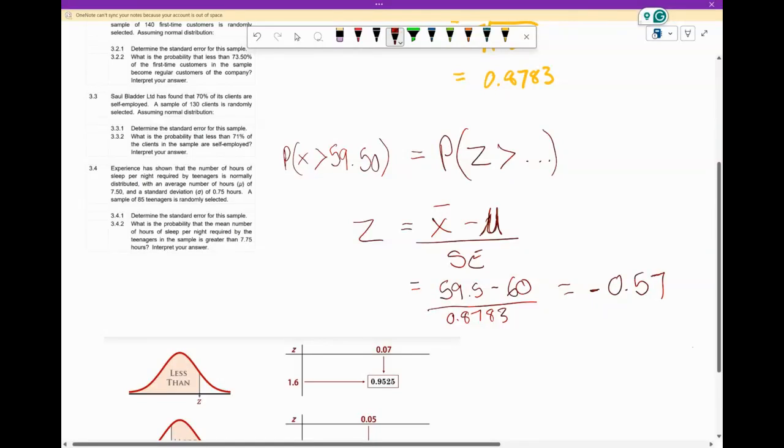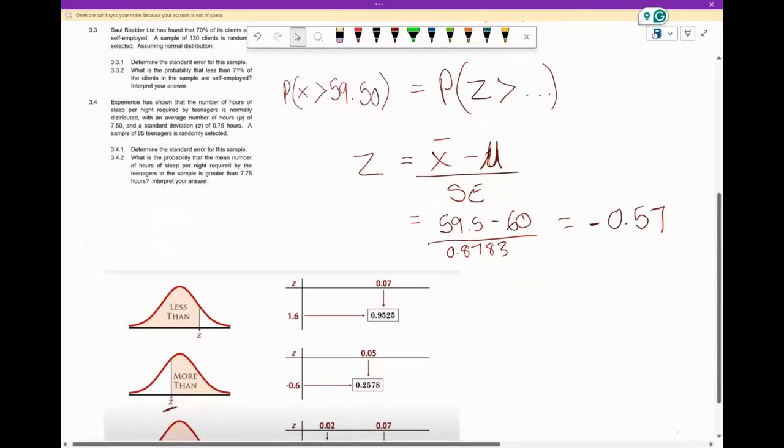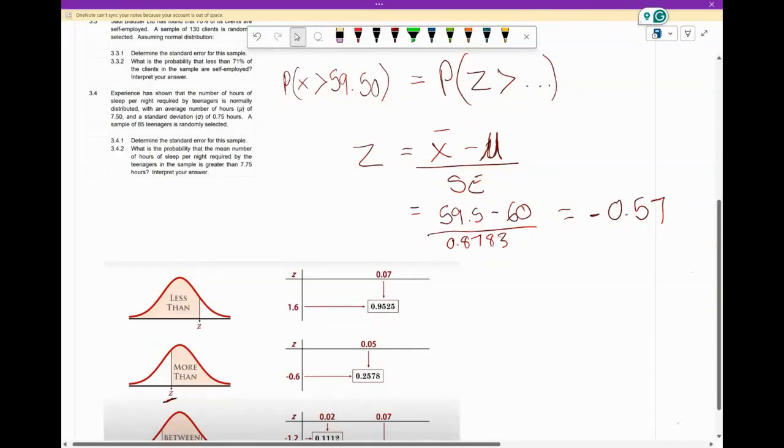Okay. So now that we have the z-score, here you can see this is negative. And again, you guys only have the positive Z distribution table. So we obviously need, you said in the test, yes, there won't be a negative. No, there won't be. Our table will be positive.